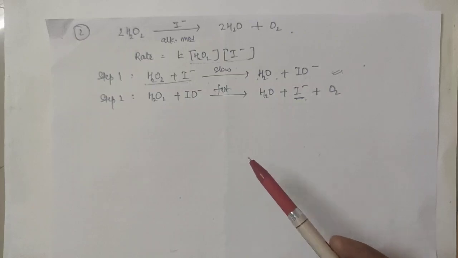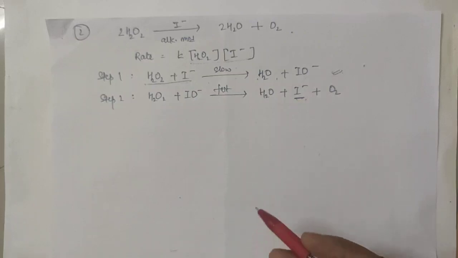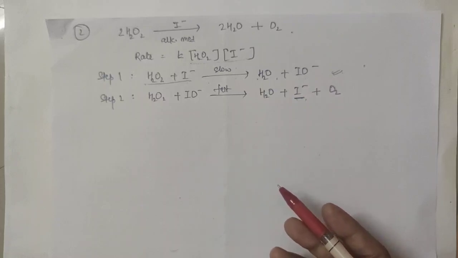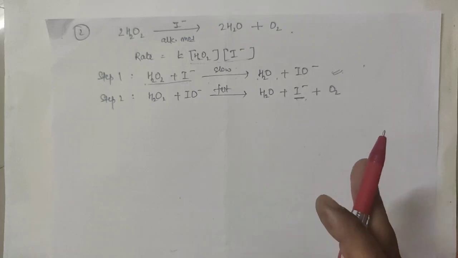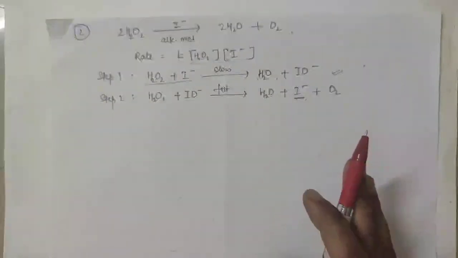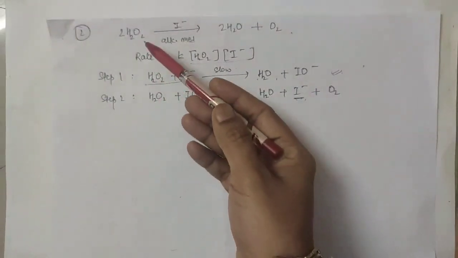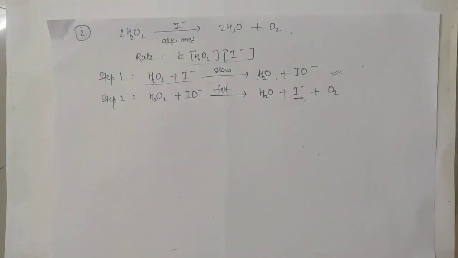Now even the order of a simple reaction may not be equal to the number of molecules of the reactant as seen from the balanced equation. Okay, order of the reaction may not be equal to the number of molecules of reactant as shown in the balanced chemical equation, but molecularity is usually obtained by adding the stoichiometry of the chemical reactants.